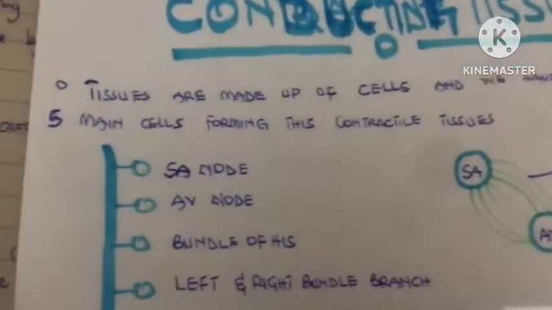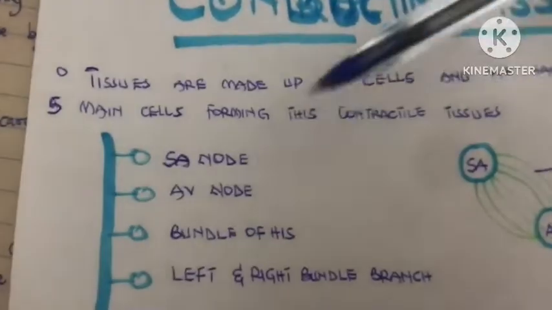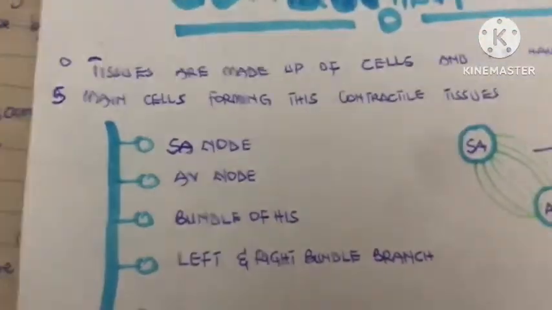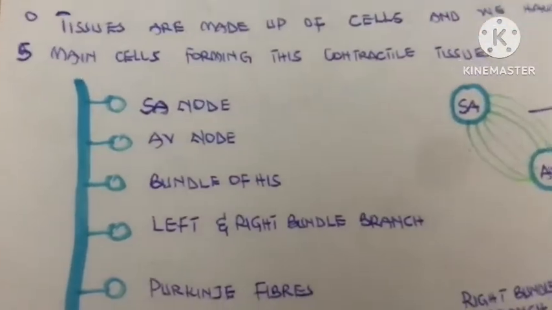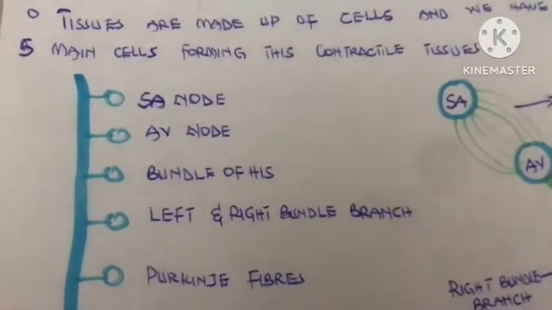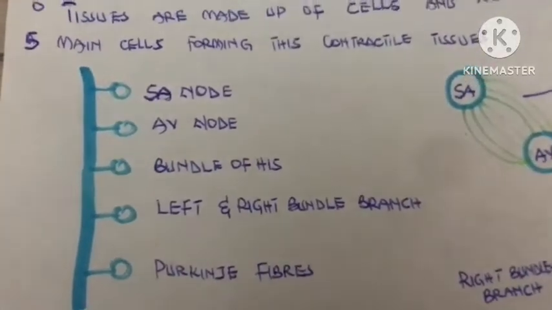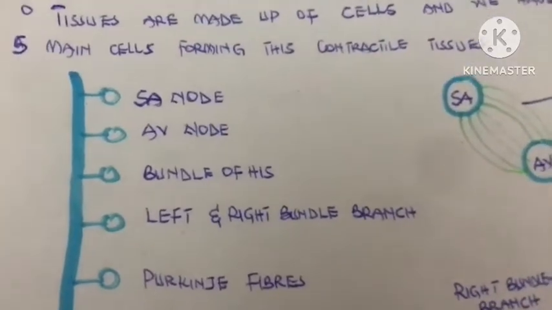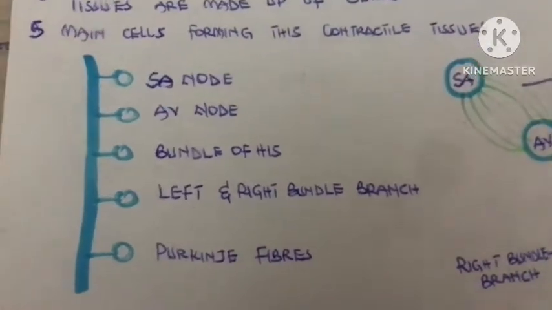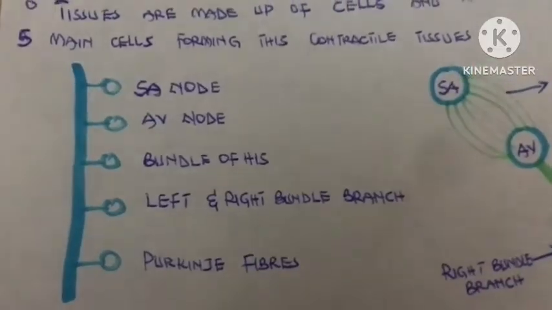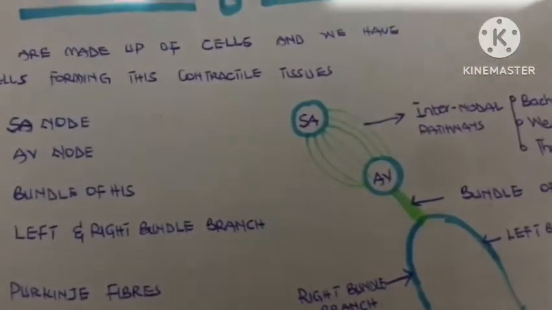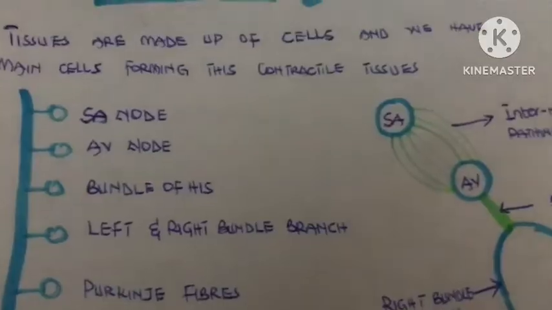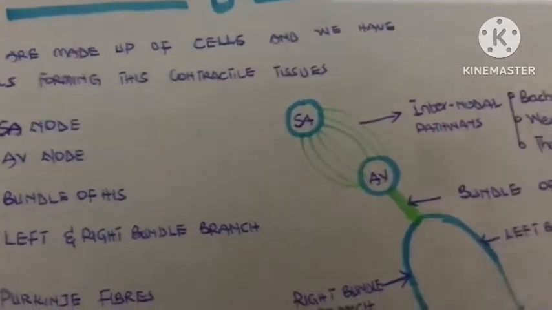And they are the SA node, the AV node, the bundle of His, the left and right bundle branch, and the Purkinje fibers. You understand? So let's look at how they generate and transport impulses in the heart.